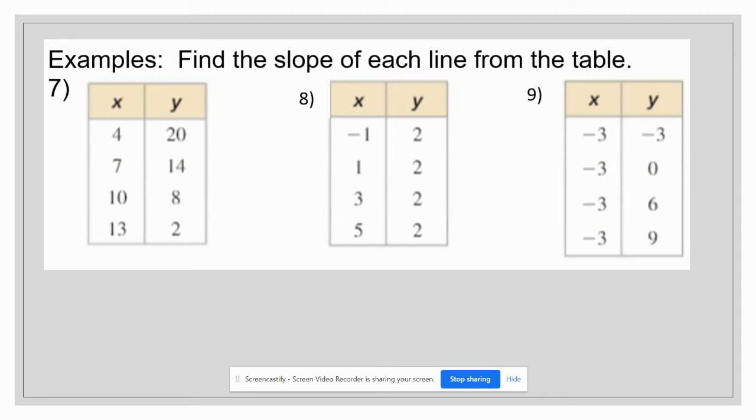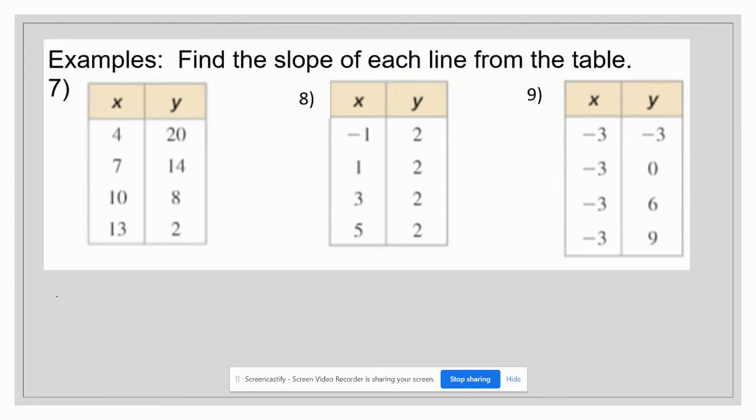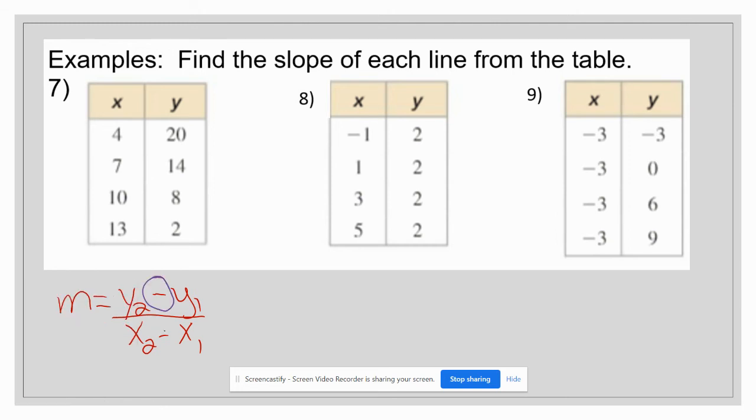Finding slope from a table. Well, this is where we can start looking at our slope formula because we're given a set of ordered pairs. And the biggest caution that I have for you about slope is this subtraction.